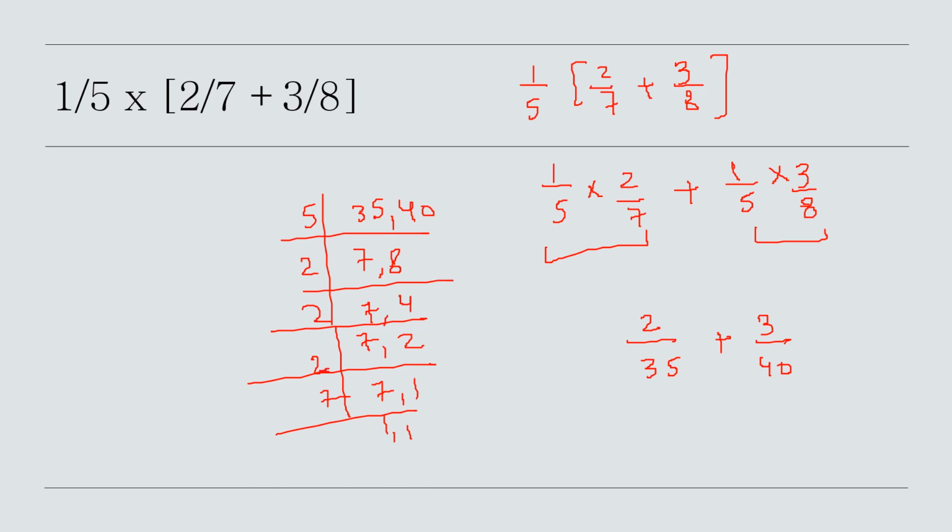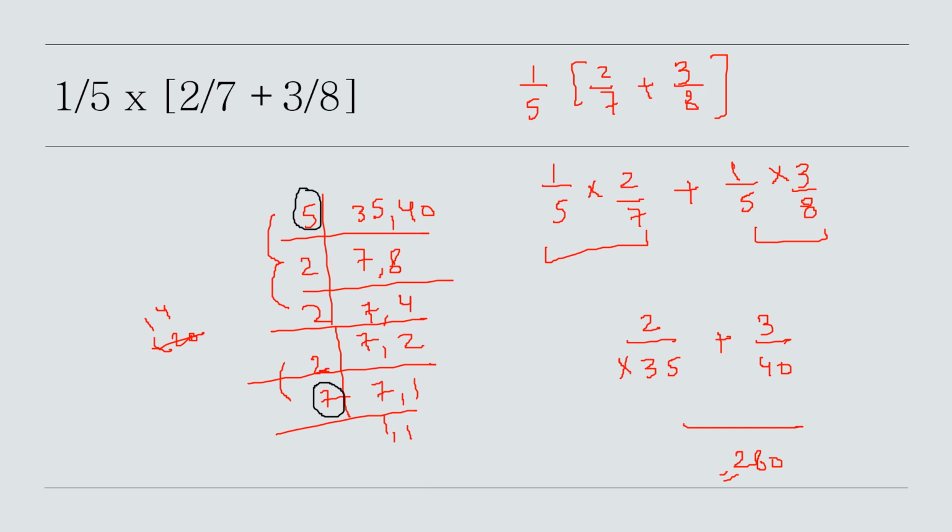What is the LCM? 5 2s are 10, 2s are 20, and then 7 2s are 14. So 14 2s are 28 and 0. Correct? Now I need to multiply it with something so that I can get 280 in the denominator. How would I do that? It is 35, right? So find out the combination which is 35 here. 7 into 5.